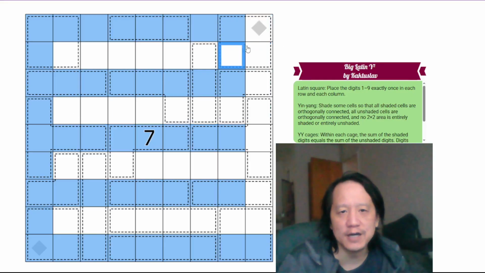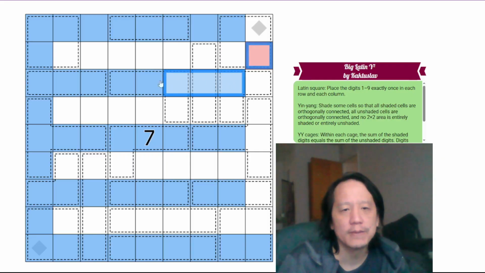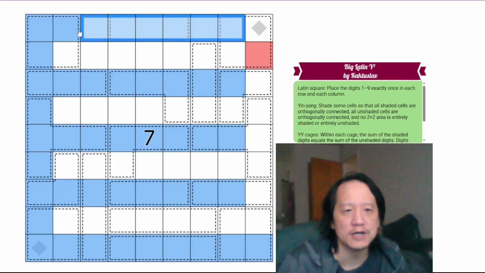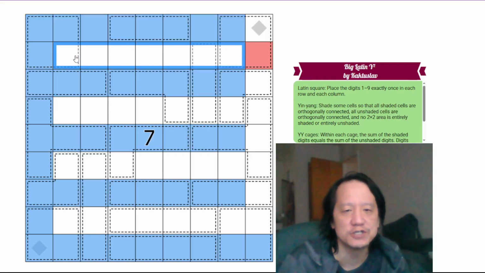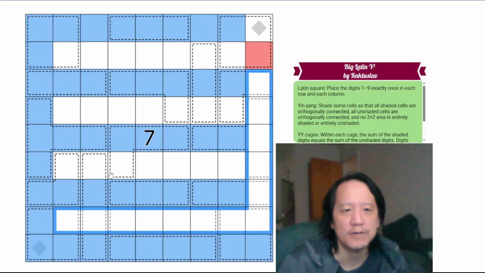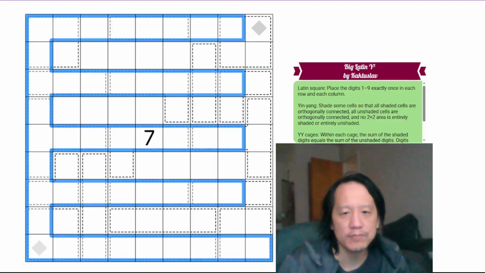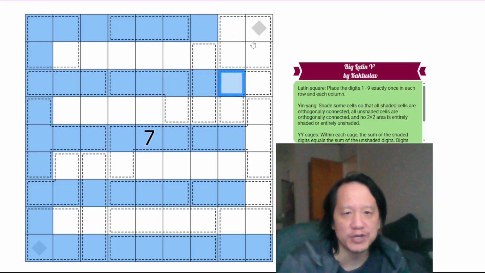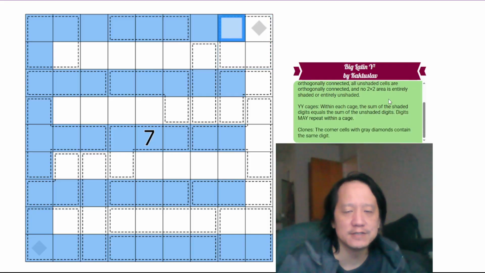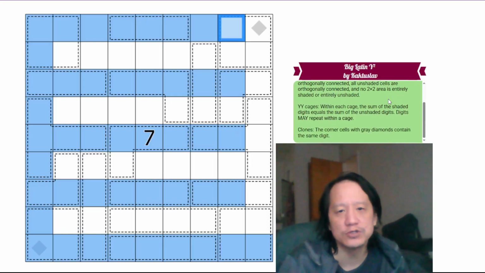What is not a valid shading is something like this, because this cell cannot get to any other cell in the shaded region just by going through edges while staying within the shaded region, and these unshaded cells can't get to the other unshaded cells because they would have to go through a corner or go through the shaded part, which is not allowed. This is not a valid shading either because you have a 2x2 area that is unshaded. And that's an example of how yin-yang shading works.